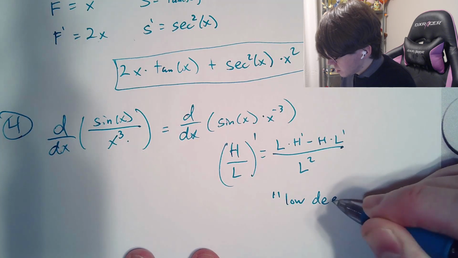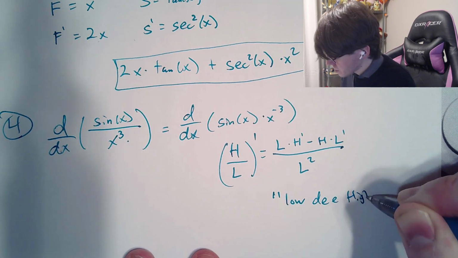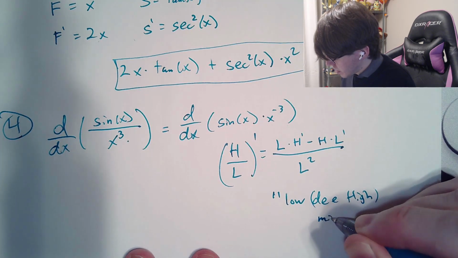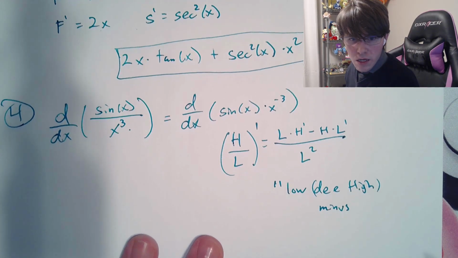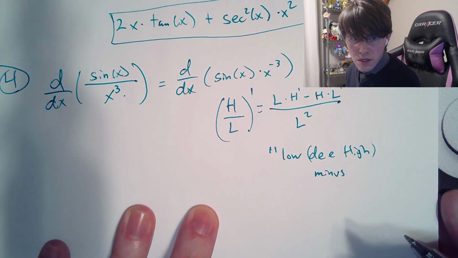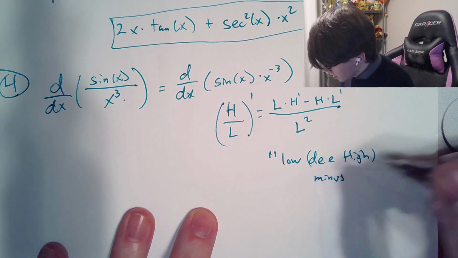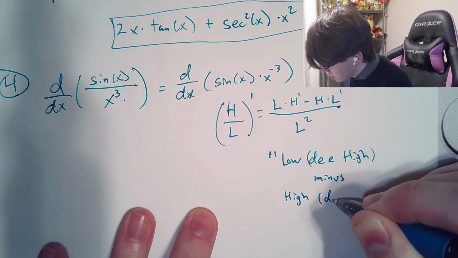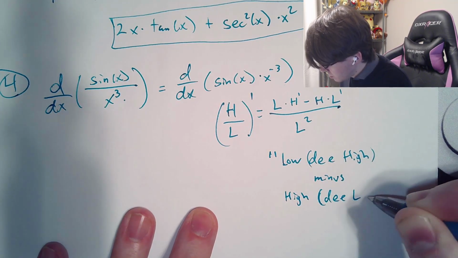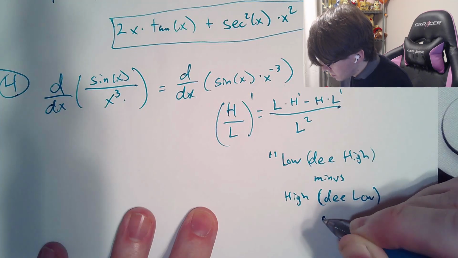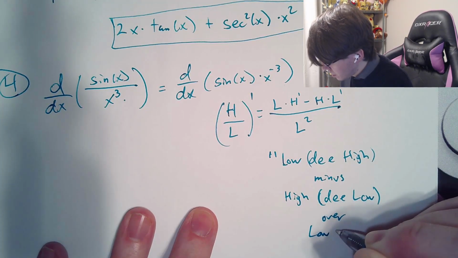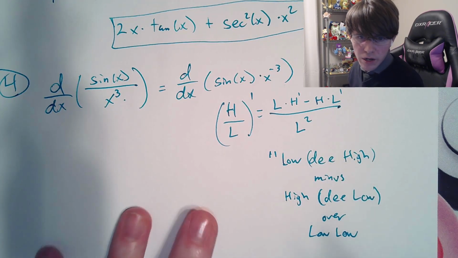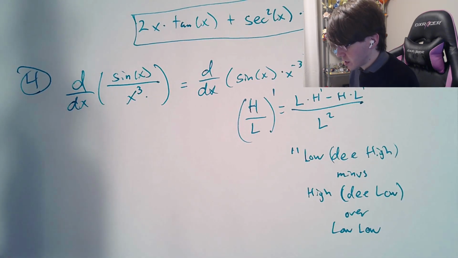Low d high, minus high d low, over low low, because that would be low squared. Anyways, that's how I memorize it. You don't need to memorize it that way.